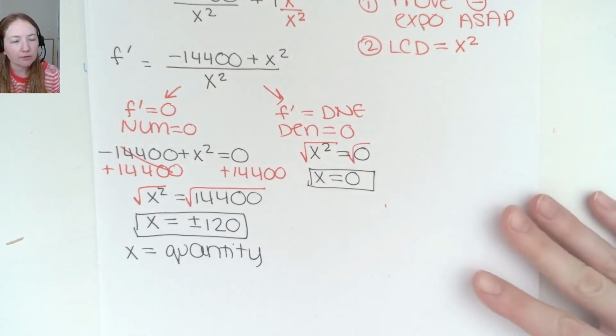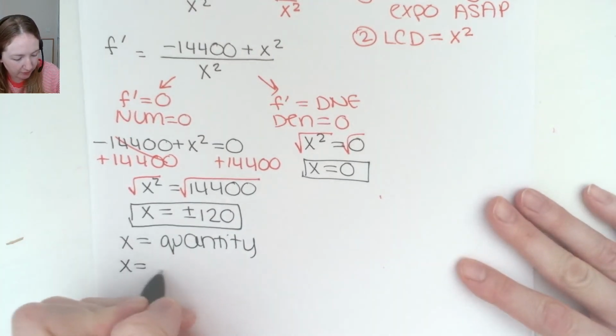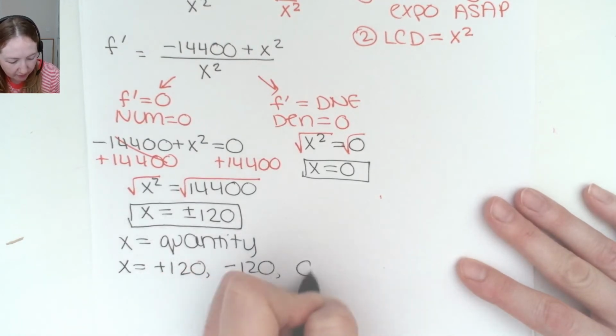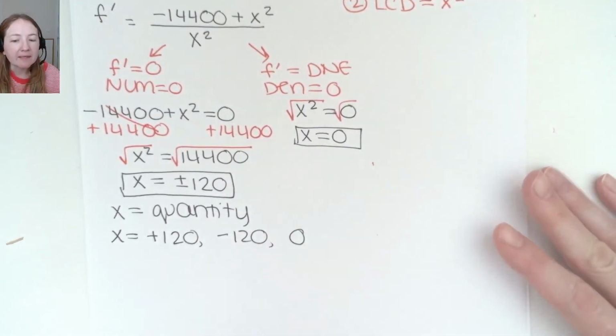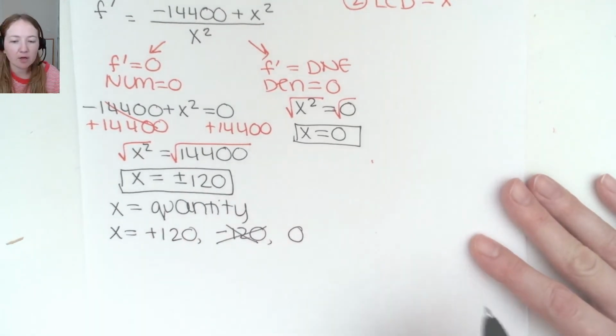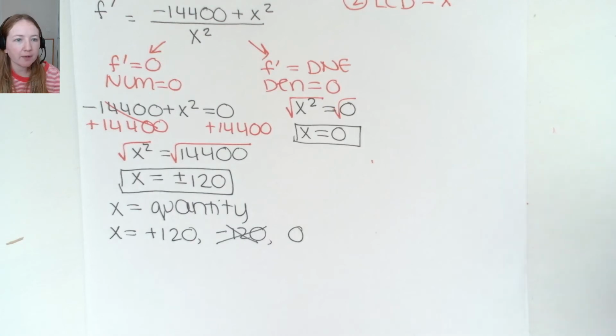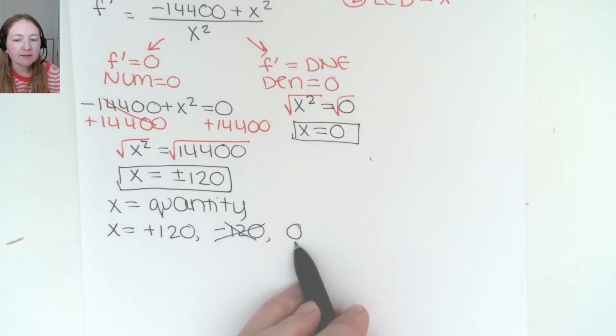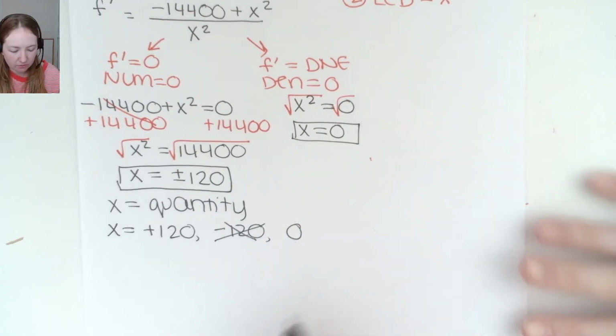So when you get these critical numbers of plus 120, negative 120, and 0, immediately you know that negative 120 is not going to work for you, because negative 120 means you're producing negative units. So technically 0 is not a critical number, and this is the long-winded explanation for it.